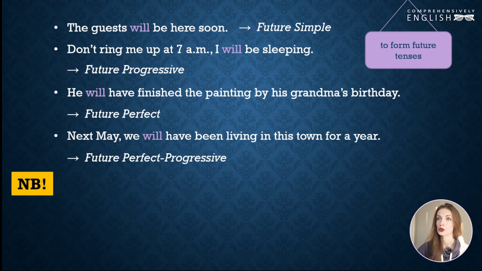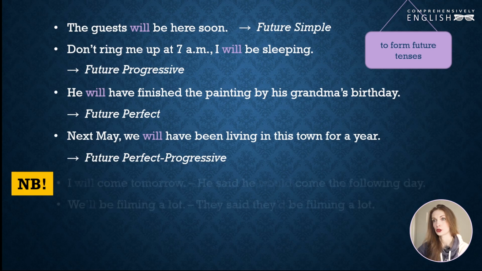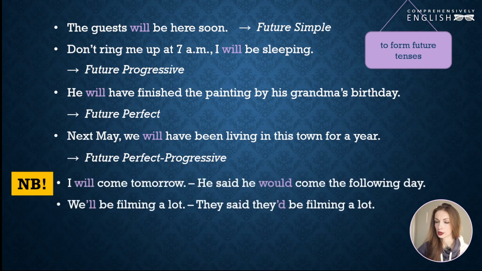Okay, please note, when we speak about the future in the past, we cannot use will, we must use would. I will come tomorrow. He said he would come the following day. We'll be filming a lot. They said they'd be filming a lot. What happens here? The first sentence, I will come tomorrow, is my direct speech.